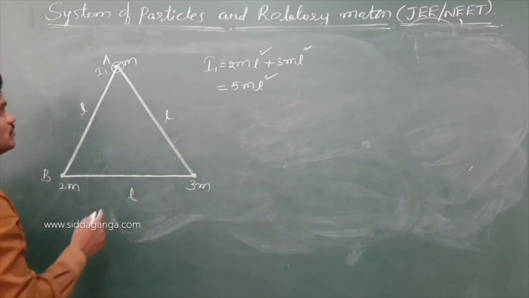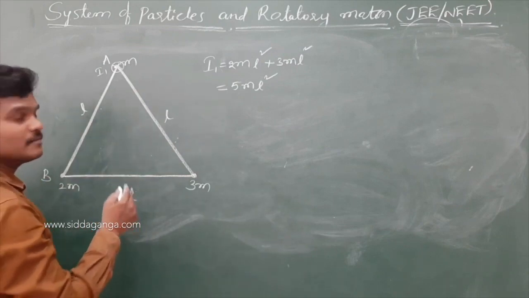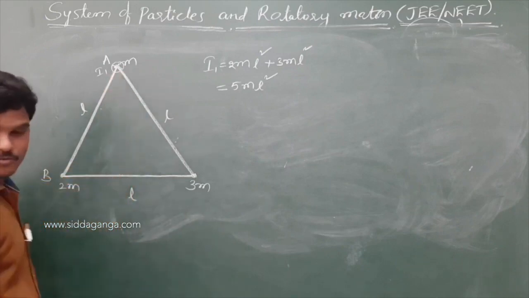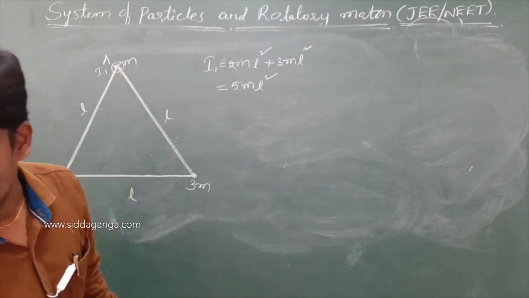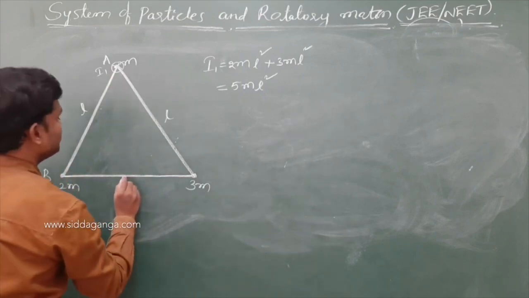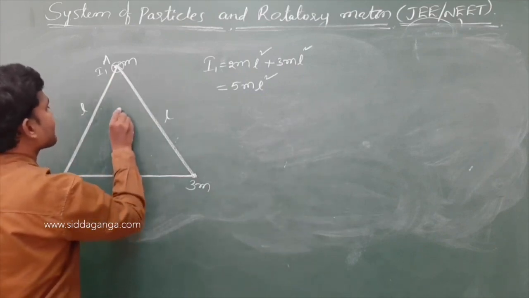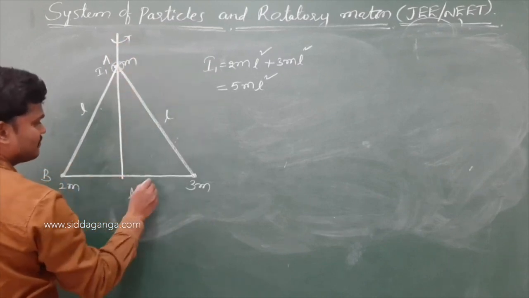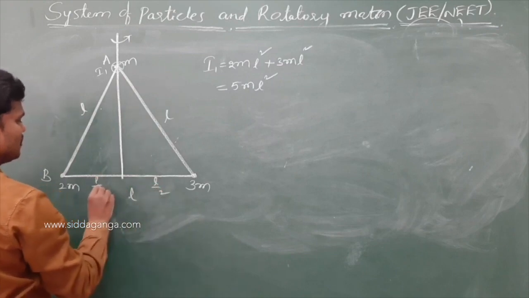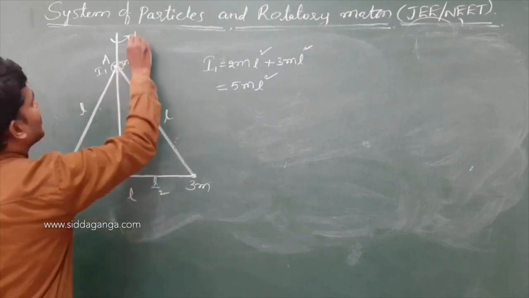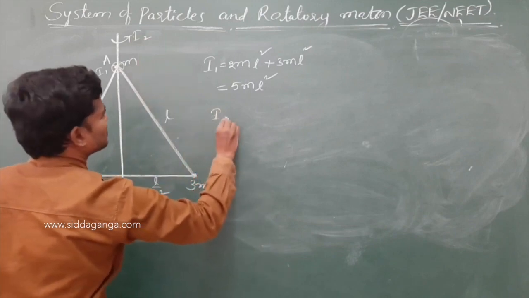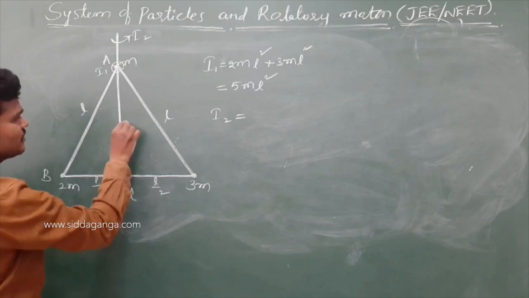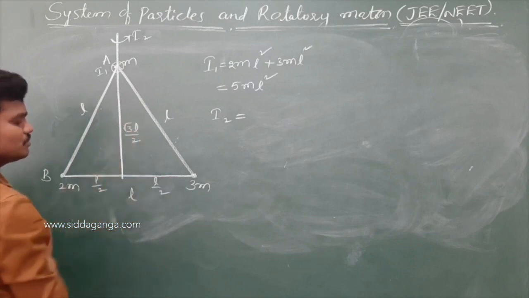And second one. They are asking the moment of inertia passing through A and the midpoint of BC. This is the midpoint, L by 2 on each side. So this is I2. And this height, you know that it is root 3 L by 2.